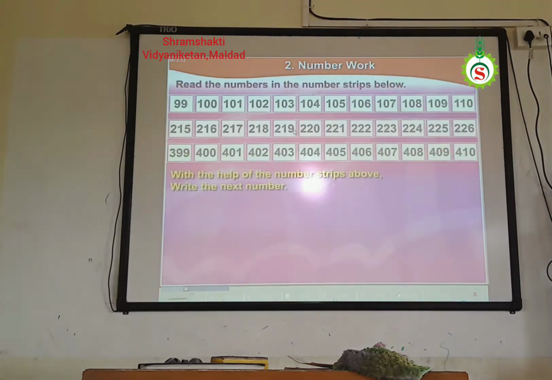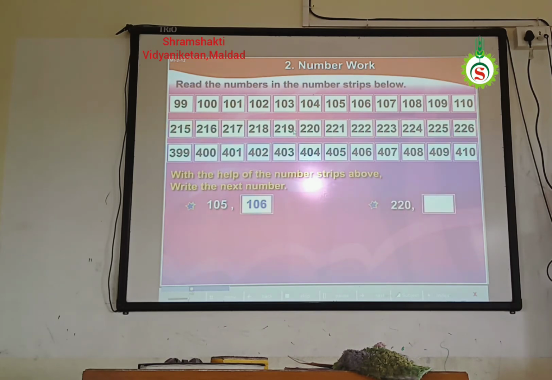With the help of the number strips above, write the next number. Well, the first is 105. What number comes after 105? If we check the number strip, it is 106. So after 105, we have 106. 220.